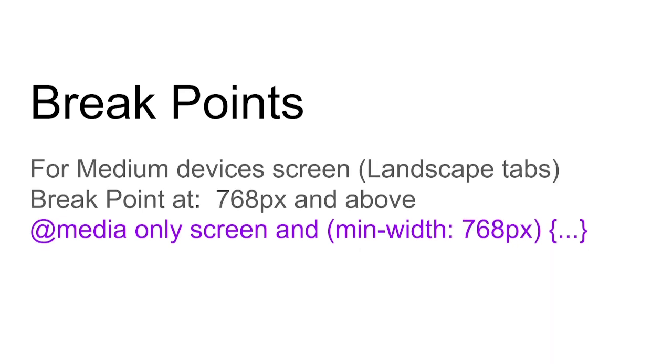Then we have medium devices, of course, like your tablet and the likes, the tablet landscape and all like that. Their breakpoint is usually going to be at around 768 pixels. So now let's try to recap. For extra small devices, you set the breakpoint at 640, meaning that anything below 640 will follow that CSS property.